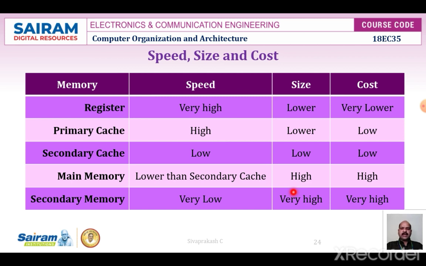Huge amounts of data can be stored there, hence very high in size, and the cost is very high when compared with the other memories. So these are the characteristics comparison of size, speed and cost for all these memories: register, primary cache, secondary cache, main memory and secondary memory.